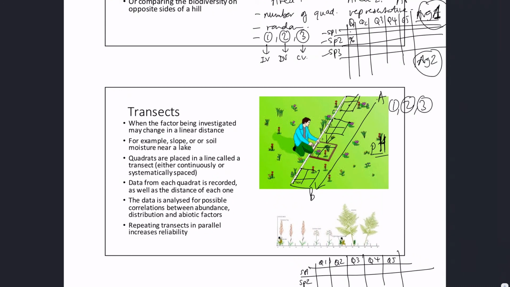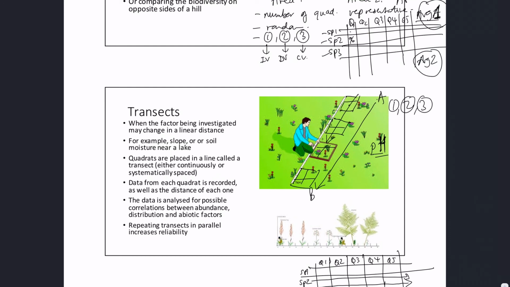Maybe as a control, you're also measuring light intensity, making sure that that's not changing. When you analyze this data, you see whether there's a correlation, not a statistical difference, between the abundance of species 3, for example, and the changes in pH. Or maybe the change in pH going this way is more correlated with the abundance of species 2. So species 2 is more sensitive to pH changes than species 3, for example.